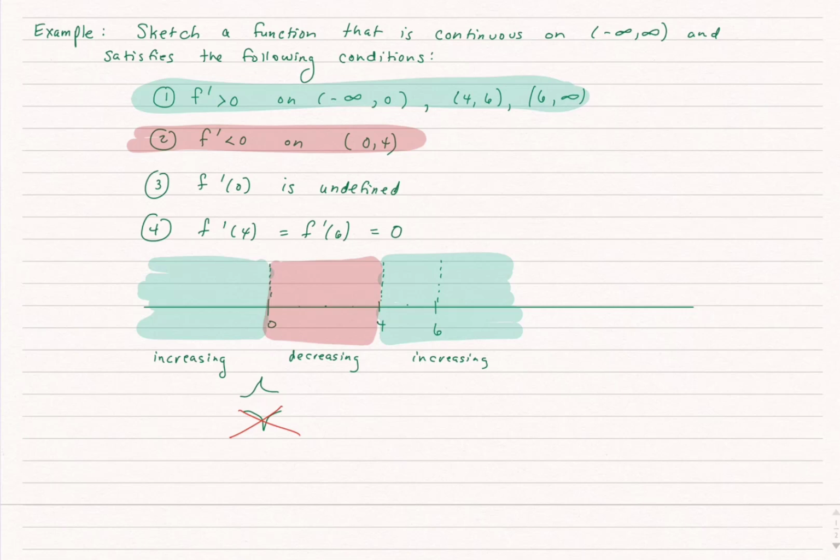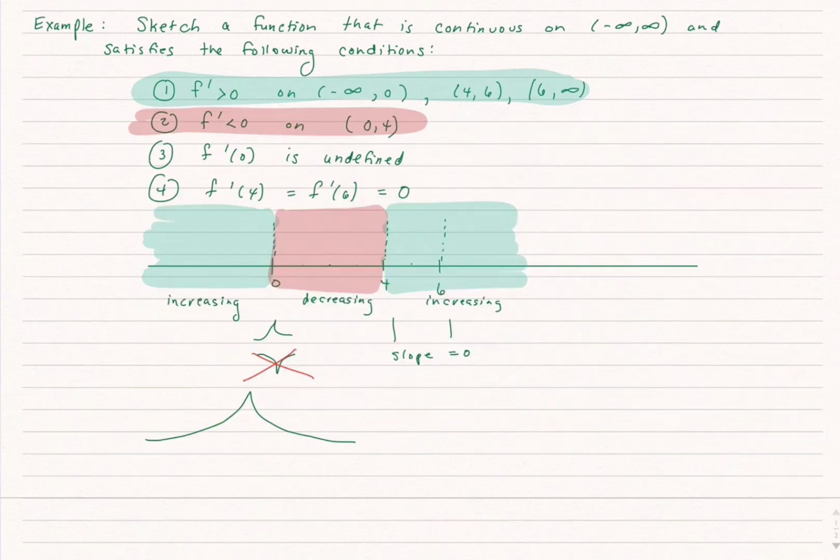At 4 and at 6, I know I have the slopes equaling 0. So let's see how this could look. I've gone ahead and sketched what it could look like if I was increasing and then decreasing, where at 0 I had an undefined slope. If at 4 I have a slope of 0, I think that's the moment where I switch from a negative slope to a positive slope, that is, a decreasing function to an increasing function.